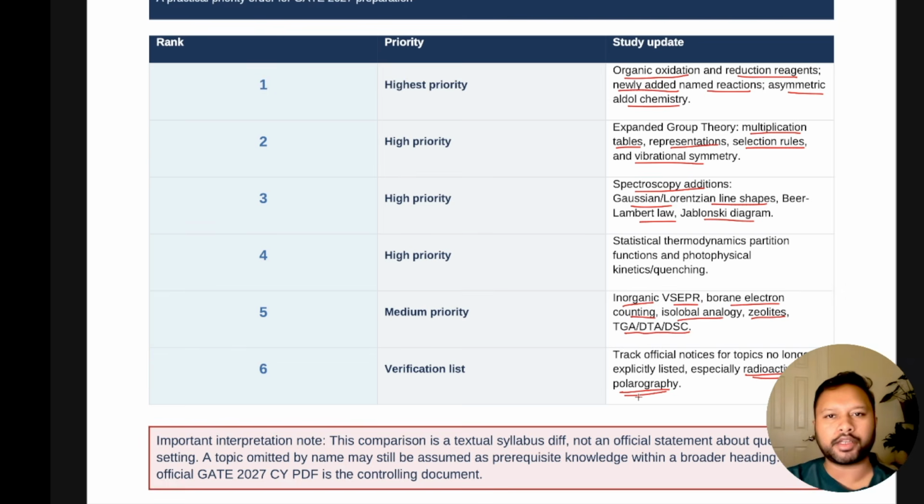But again, if you have notes and if you are preparing this, I would not suggest you simply ignore that topic, because it is very important. Sometimes what happens is that they don't add that topic or they don't mention the name of that topic, but they consider it a prerequisite for a particular topic. For example, if you are preparing quantum chemistry, then there are some prerequisites.